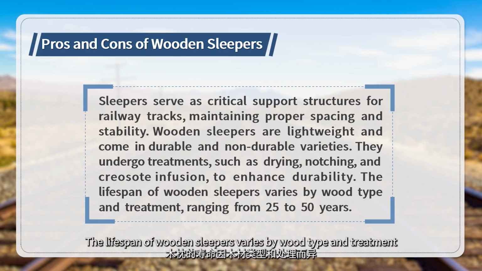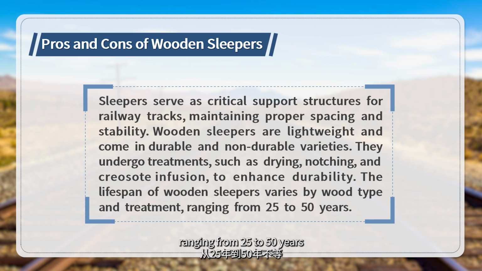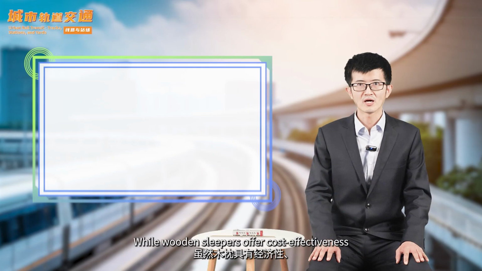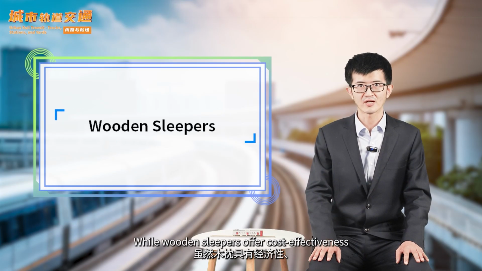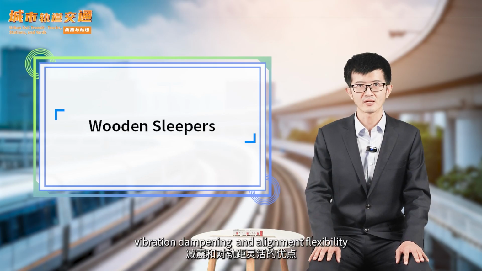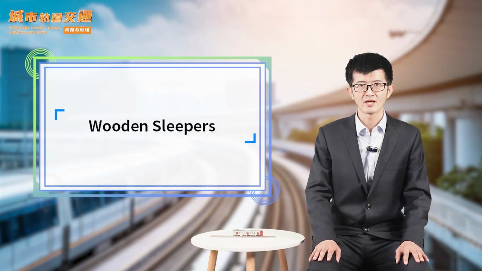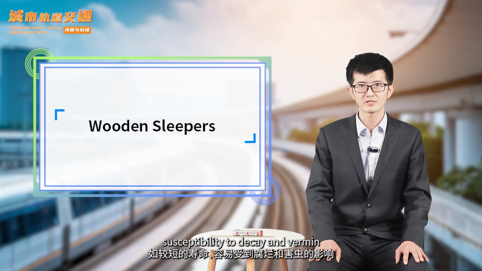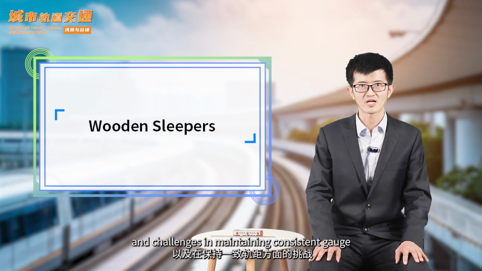The lifespan of wooden slippers varies by wood type and treatment, ranging from 25 to 50 years. While wooden slippers offer cost-effectiveness, vibration damping, and alignment flexibility, they have downsides like shorter lifespan, susceptibility to decay and vermin, and the challenges in maintaining consistent gauge.